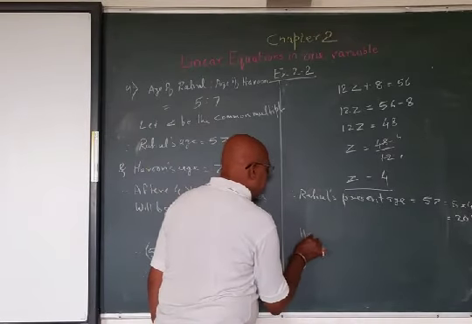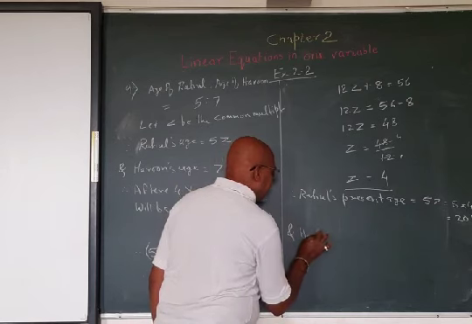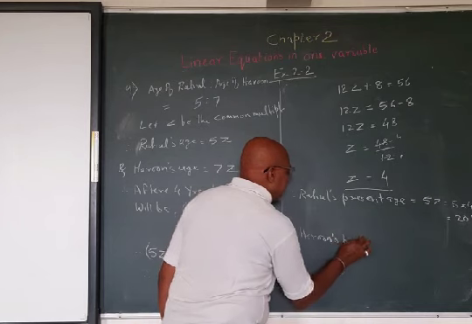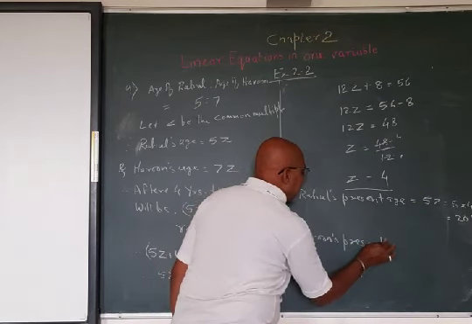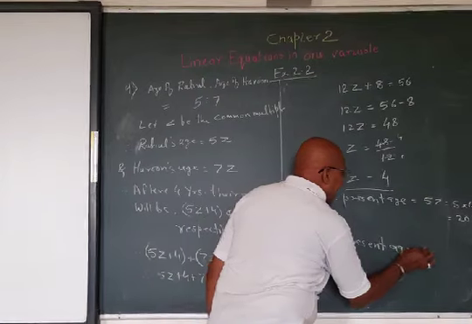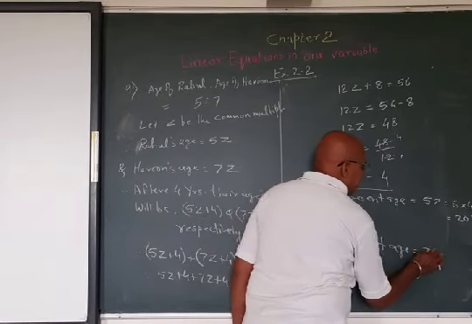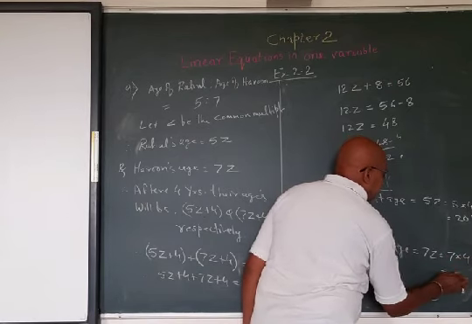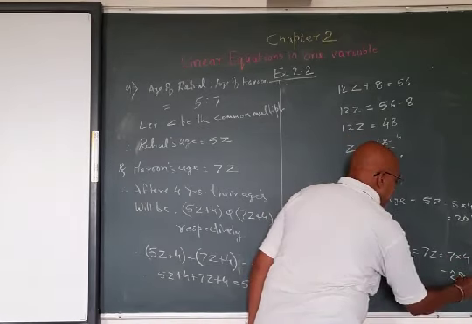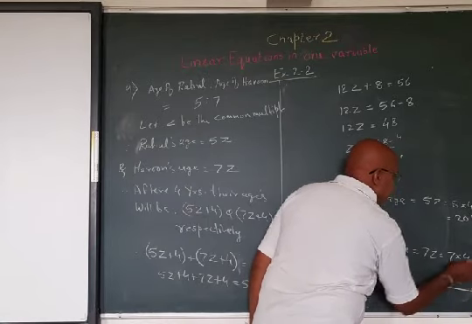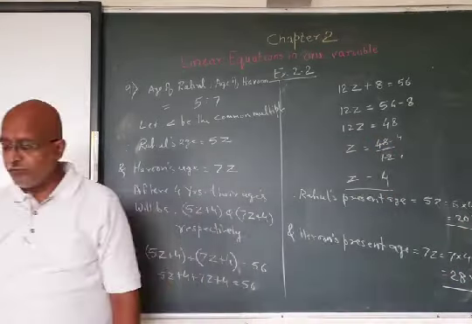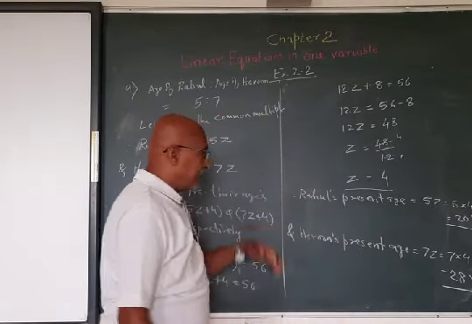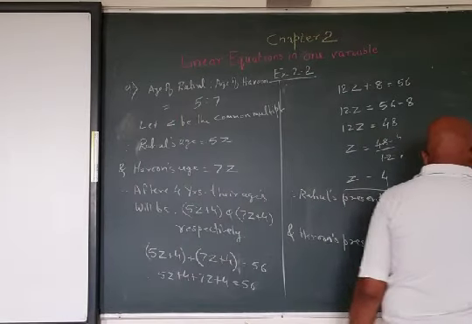And Harun's present age equal to 7Z equal to 7 multiplied by 4 equal to 28 years. So these are the two ages. Now you can see here whether the sum is exactly equal or not.